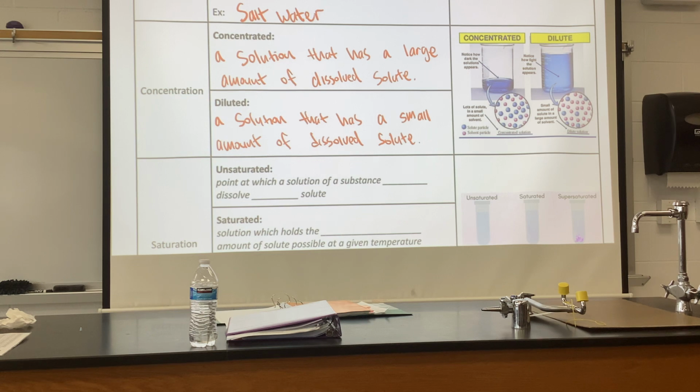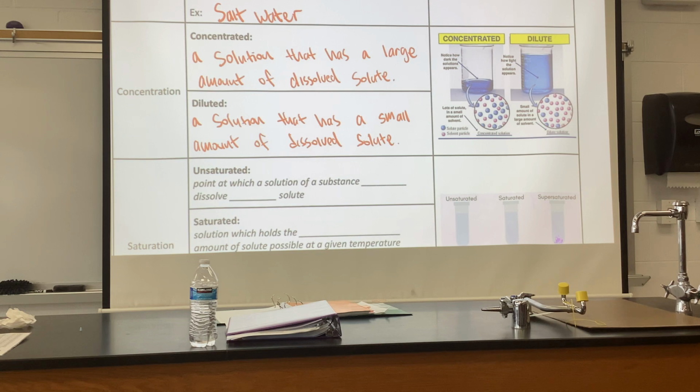Okay, and there's a couple of diagrams to the right side to help us understand what a concentrated versus a diluted solution is. Okay, you can see that if something is very concentrated, there's a good amount of ratio between the salt and water, right?